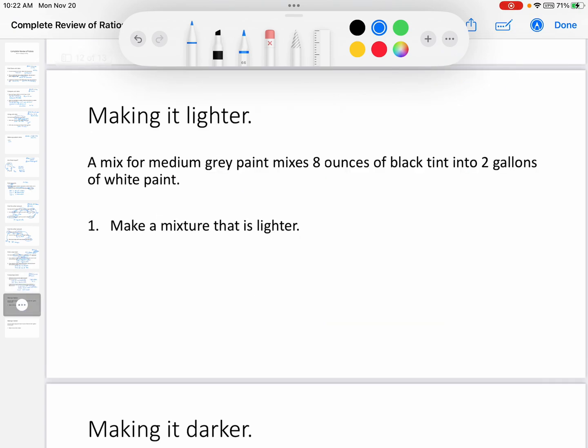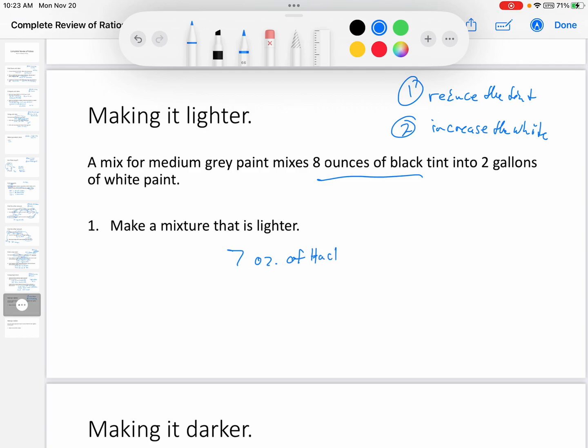Make it lighter. You have two choices for making something lighter. 1, reduce the tint, or 2, increase the white. So, make it lighter. Reduce the tint would be 7 ounces of black, and then leave it 2 gallons of white.